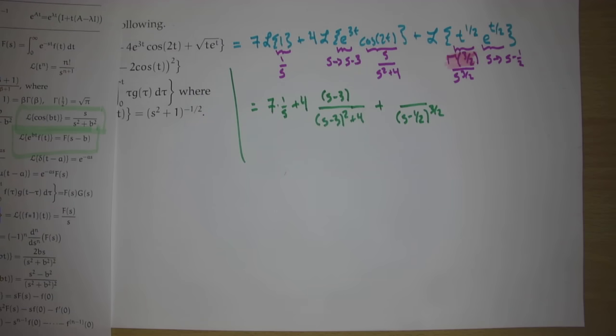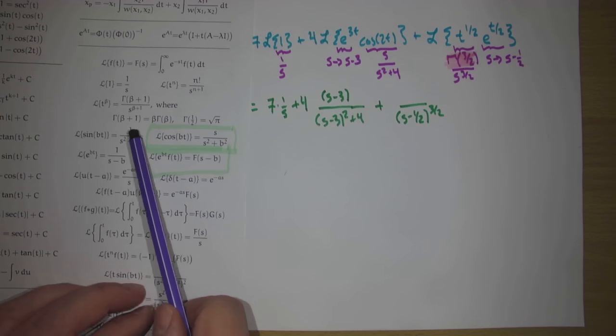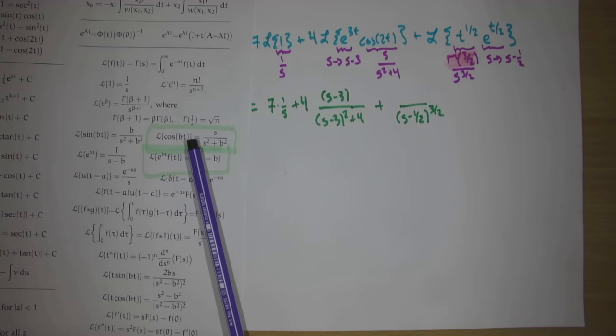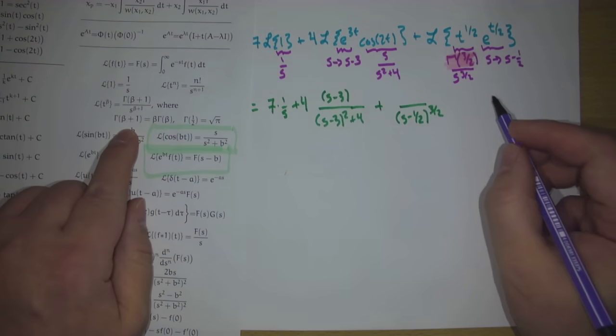Well, can we? Looking at our table, there are some rules about gamma. In particular, if you ever see gamma of something with a half, 3/2, 5/2, 19/2, then you can combine these rules to figure out what's going on. So what is it?